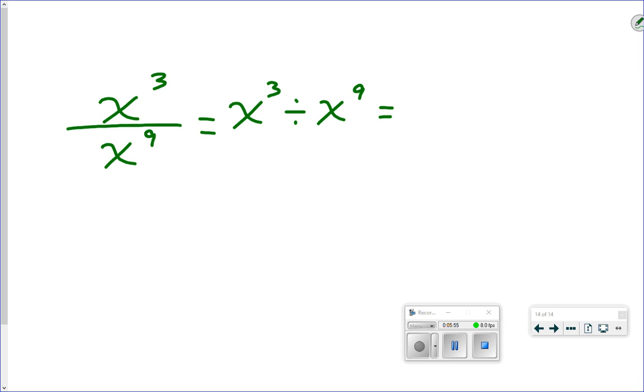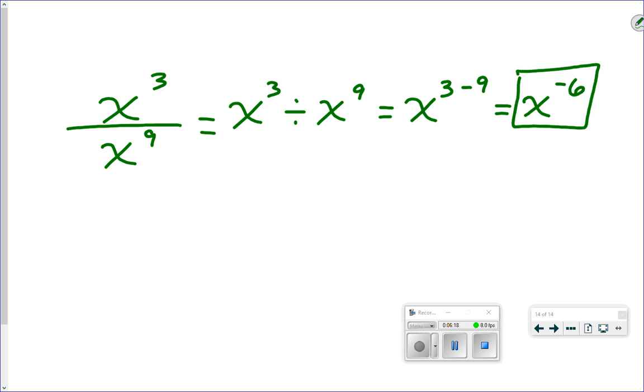And I can subtract those exponents, but I have to do the first minus the second, or the top minus the bottom. And I do get a negative number. So that actually does mean x to the negative 6th power. We're just subtracting the exponents. We should only be changing the exponents, not the x or whatever that number may be. We'll talk more about what negative powers mean a little bit later. For now, just know that you can have a negative exponent.